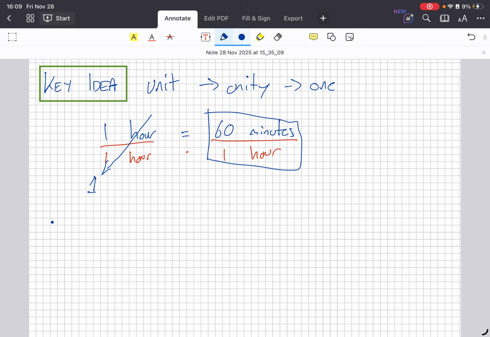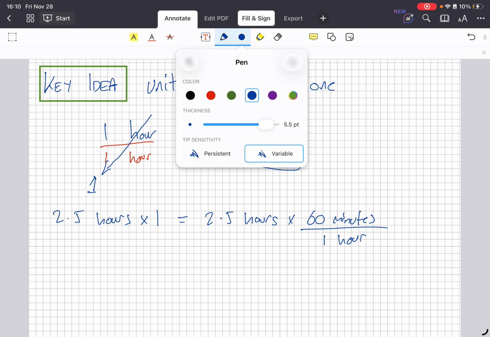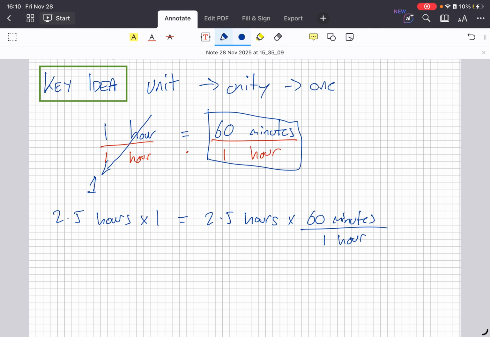So if, for instance, we were asked to compute what 2.5 hours is in minutes, then we can multiply this quantity by 1, which is the same thing as multiplying 2.5 hours by 60 minutes divided by 1 hour. And when we do that, we can treat these units just like we would treat numbers in an algebraic or letters in an algebraic expression.